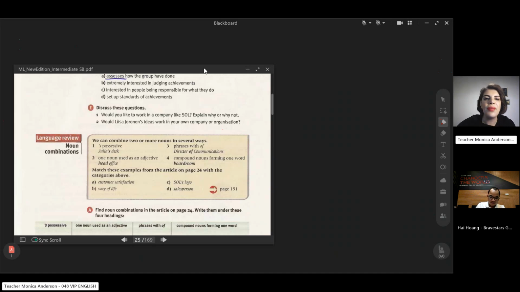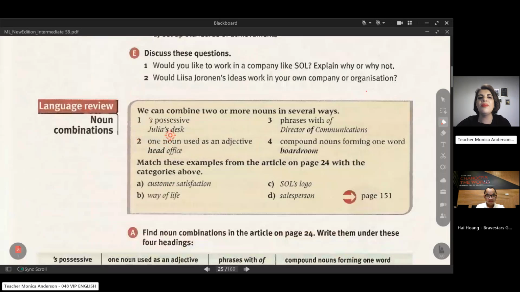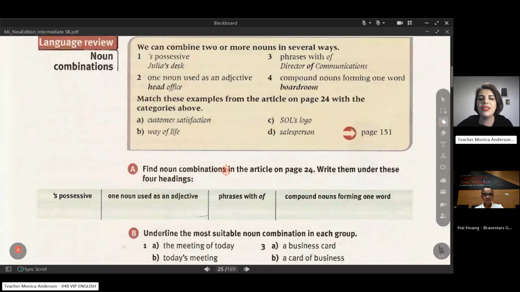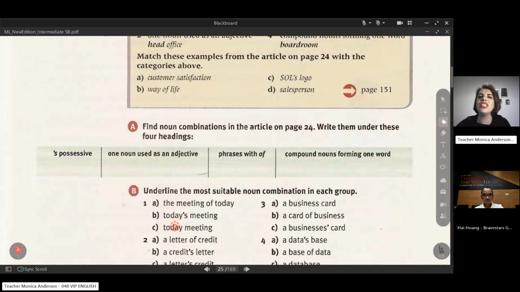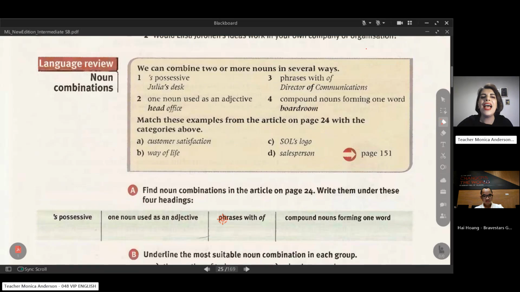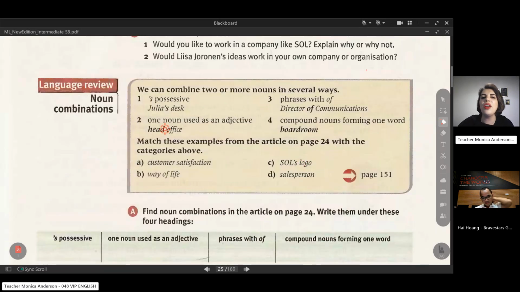As you can see here, the first one is possessive, for example, today's meeting. Meeting refers to today, so we have possessive S here to make the connection. Number two, one noun uses an adjective.